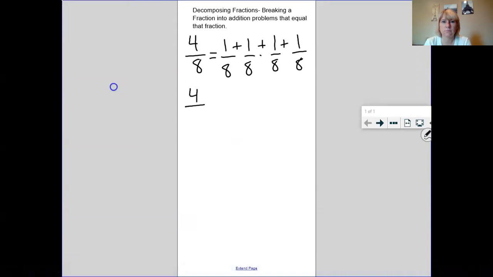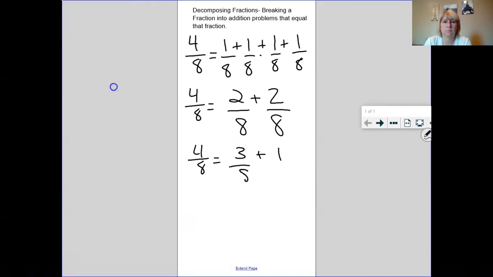What else equals 4/8? I'm sure an addition problem that popped into your head right away was 2 plus 2. As long as that 8th is on the bottom, it is correct. What's another one that equals 4/8? Well, let's think. What about 3 plus 1? As long as I've got 8ths on the bottom and the top equals 4, that works.